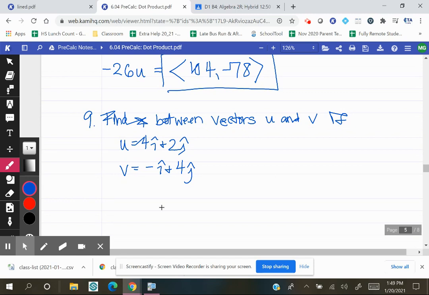And you can round to 2 decimal places, so to the nearest hundredth of a degree. So we want it in degrees here. Okay, pause your video now and try this one on your own.